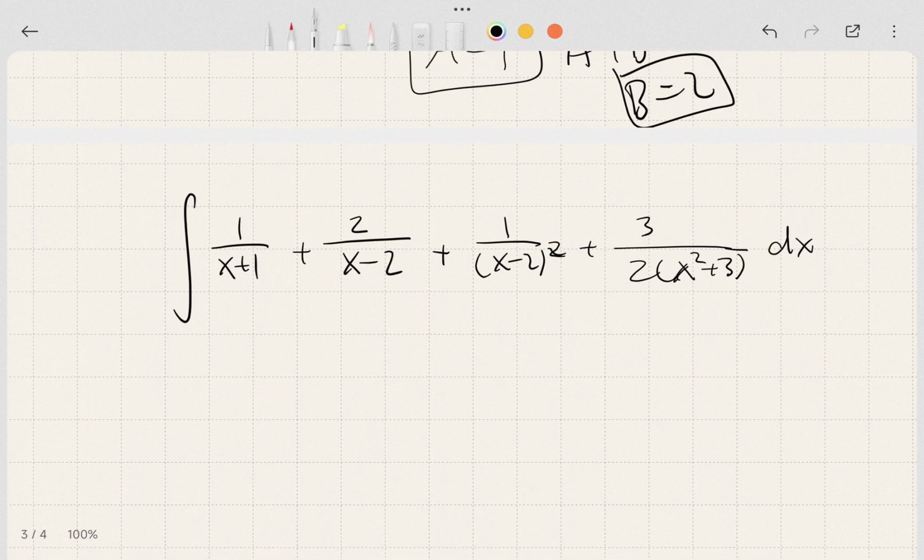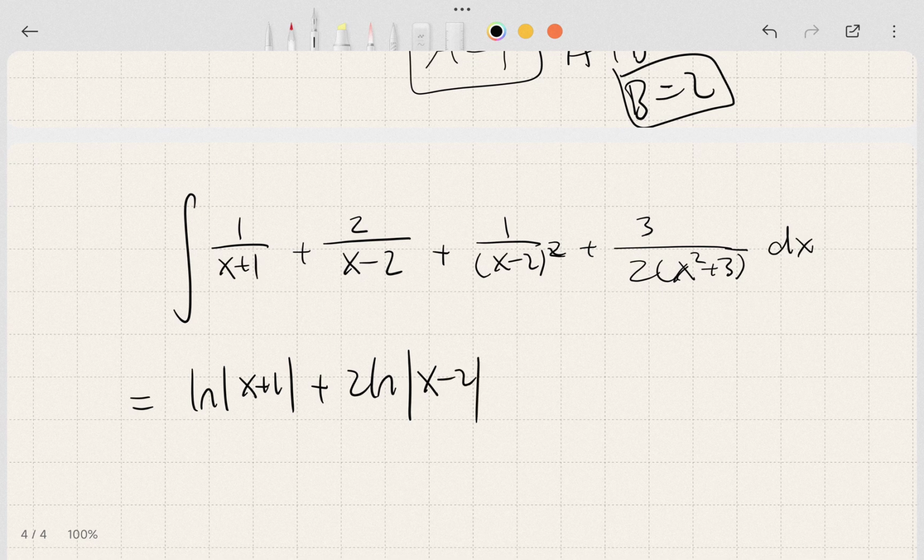And solving this indefinite integral, we get ln x plus 1 plus 2 ln x minus 2. This 1 over x minus 2 squared would be minus 1 over x minus 2, I think. Let me think. Yeah.